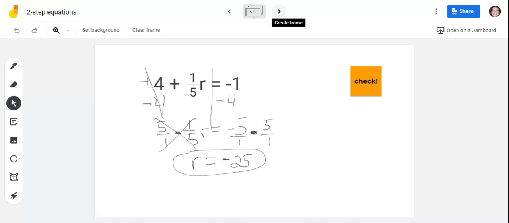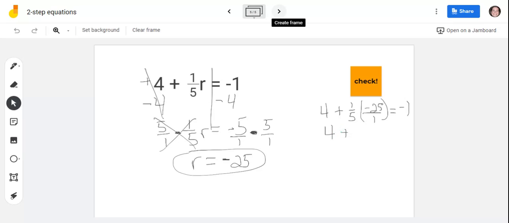Let's check. Keep the 4, keep the plus 1/5, change this to be negative 25 equals negative 1. All I did was replace this r with the negative 25 that I calculated. I can put a 1 on the bottom since I'm going to be multiplying fractions. There we go.